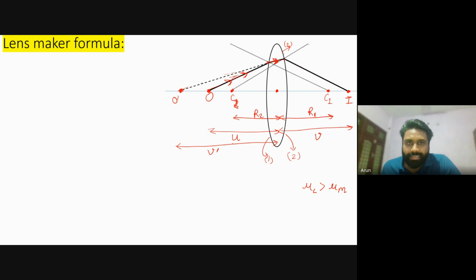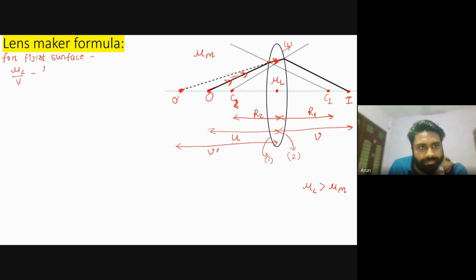The outer medium has a refractive index of mu m, and the lens has a refractive index of mu l, and mu l is greater than mu m. So for the first surface, let's apply the formula. If you remember, it is mu2 by v minus mu1 by u equals mu2 minus mu1 upon r. This is the formula for a refracting surface.